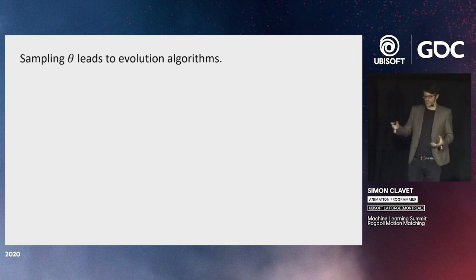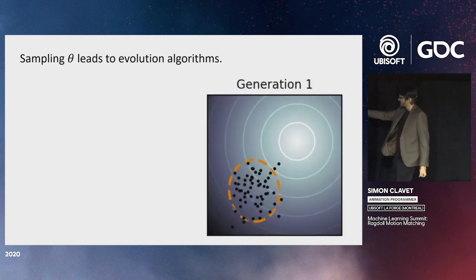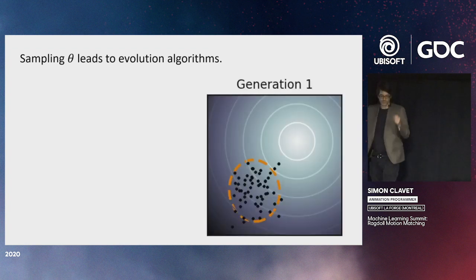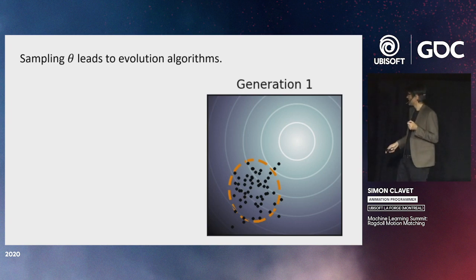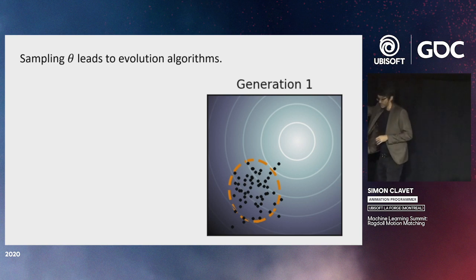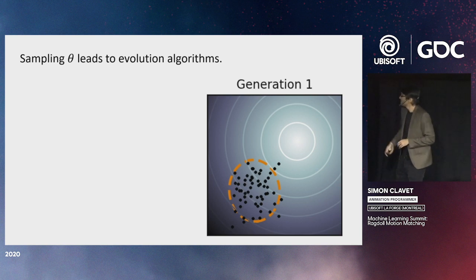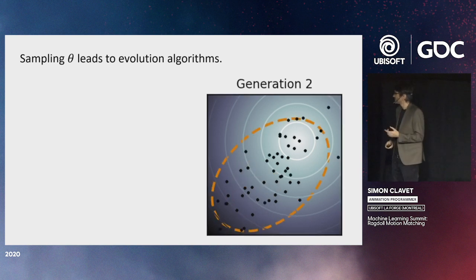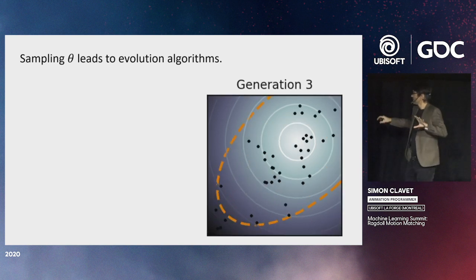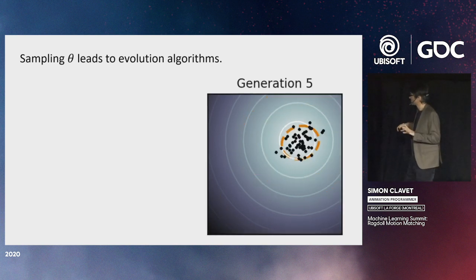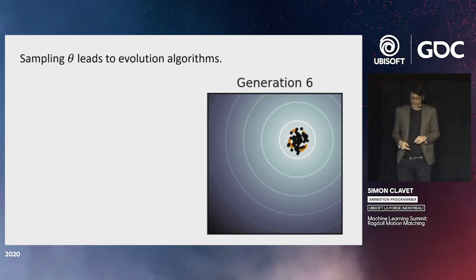So each of these little dots is one policy, one vector of parameters, and you can evaluate the average return you get. Lots of return in the white part there. So generation after generation, you're going to hopefully explore the policy world and focus on the solution.